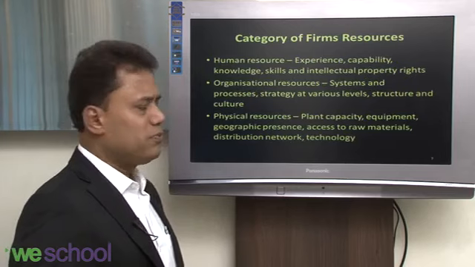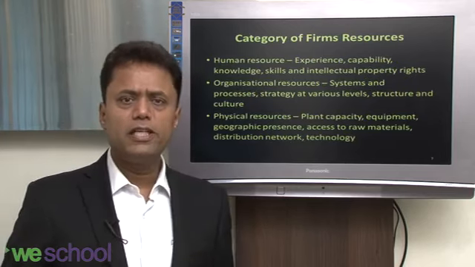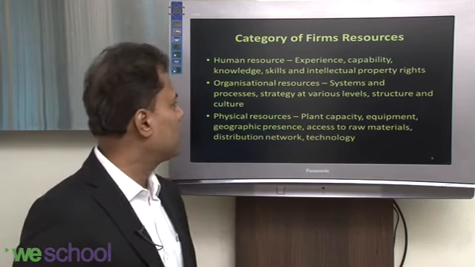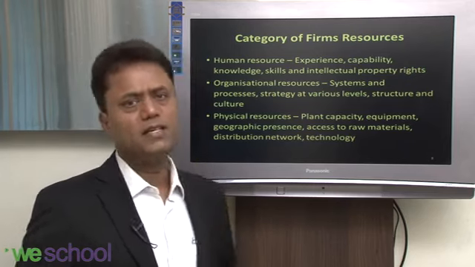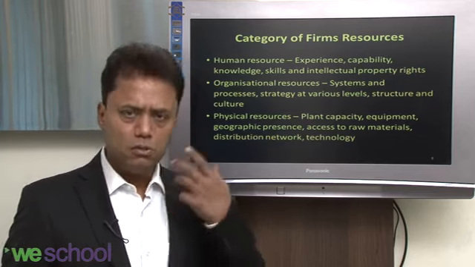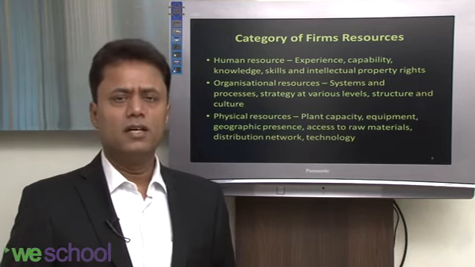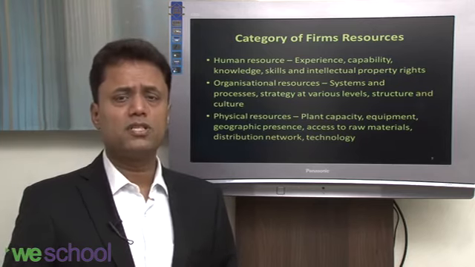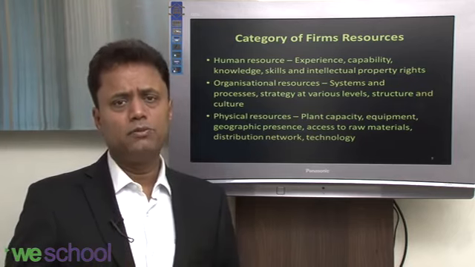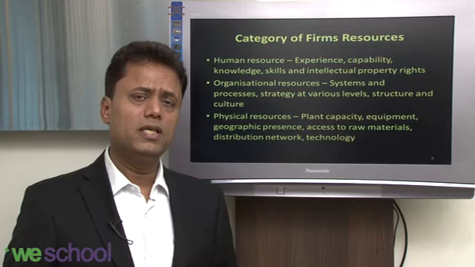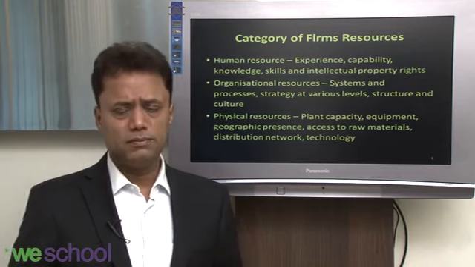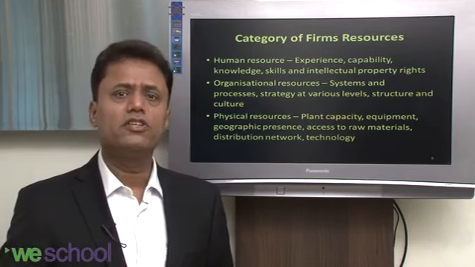Category of firm's resources. We talked about resources. Resources are of multiple categories. It could be human resource, financial resource, organizational resources, or physical resources. Human resources and financial resources are two important strategic resources for an organization. According to former GE chairman Jack Welch, human resources and finance are the two eyes of a human being.